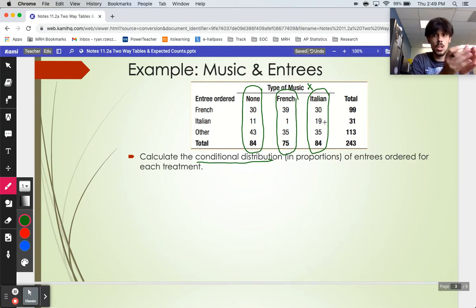Each level of music gets its own little pile. Then I want to know, out of the people who heard no music, what percent ordered French food? I would do 30 out of 84, and I would keep on dividing down the rows. I'm going to pause and come back with percentages, and then I'll pause again and come back with an actual graph.